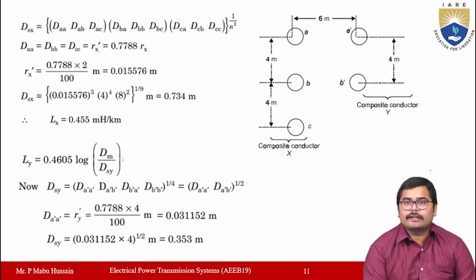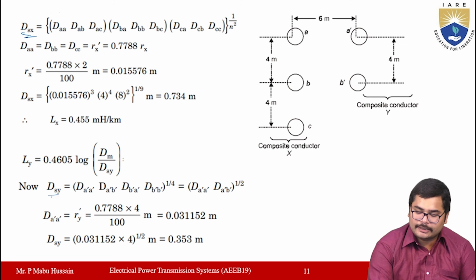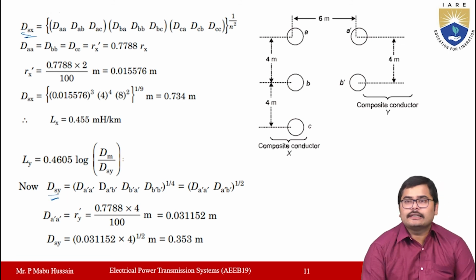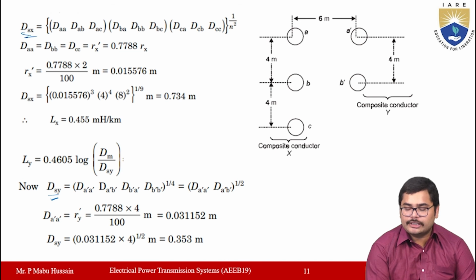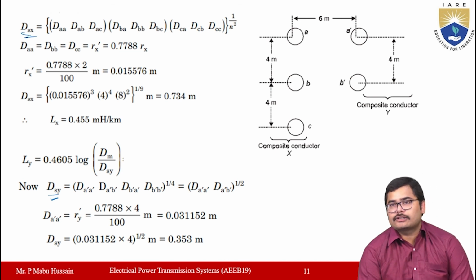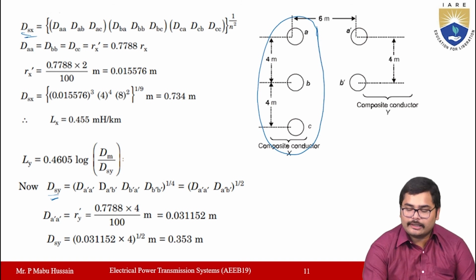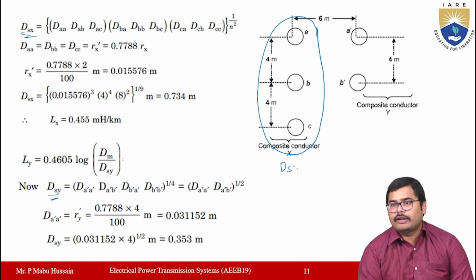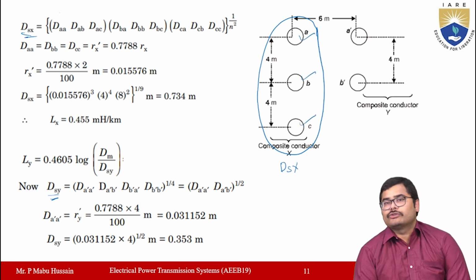While calculating the self GMD, you have to consider only the subconductors in that particular side. So while calculating the self GMD of side X, you have to consider only the subconductors A, B, C. While calculating the self GMD of conductor Y, you have to consider only the subconductors of that particular phase.